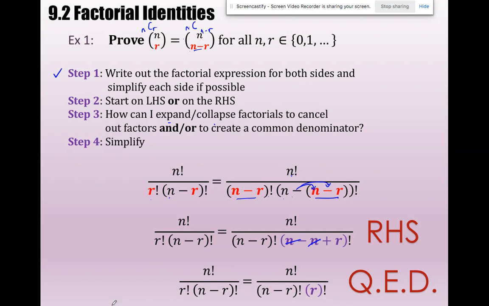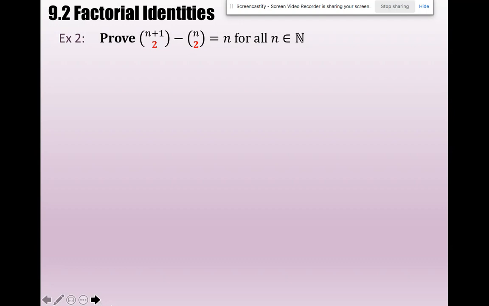Let's do another one. So this time I have a subtraction, and I want to equal just n for any natural number. So remember, this is n plus 1 choose 2, and this is n choose 2.